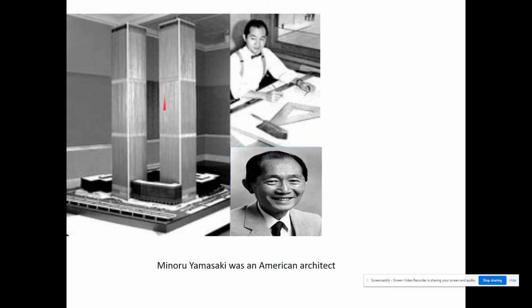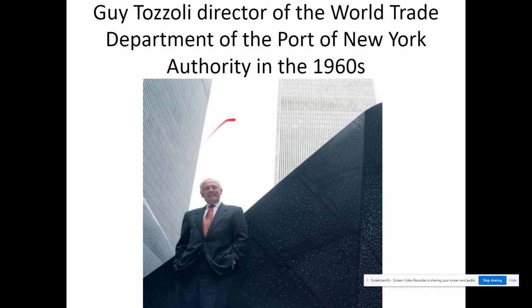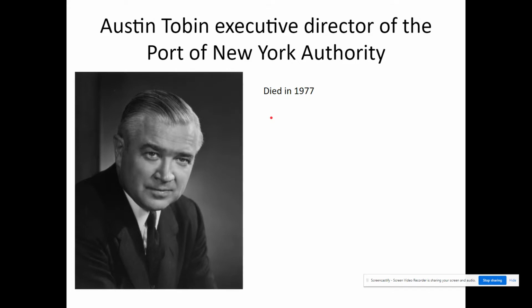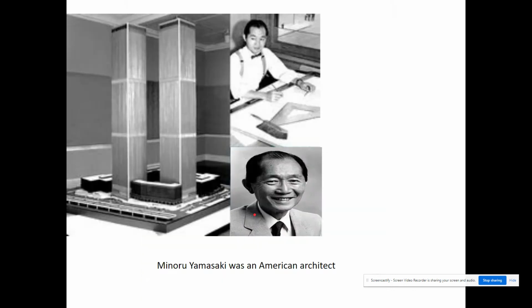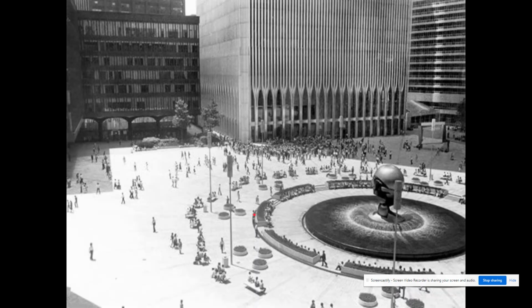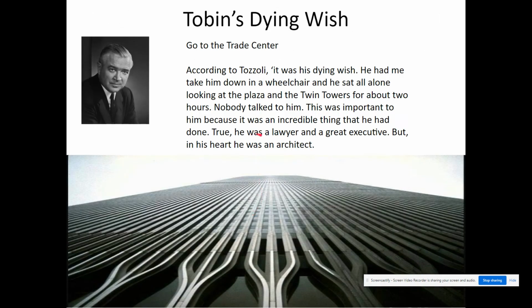He was definitely somebody who was into lines for some reason, and you can see that in some of the other buildings. Guy Tazzoli, director of the World Trade Center. This is the guy that Tobin picks to kind of head this particular construction project. So a lot of what happens is going to fall under this guy's watch, and then he will report to this individual here. Tobin's dying wish.